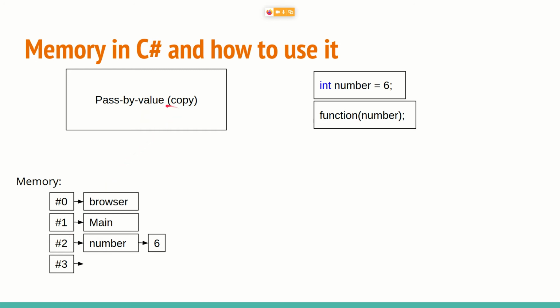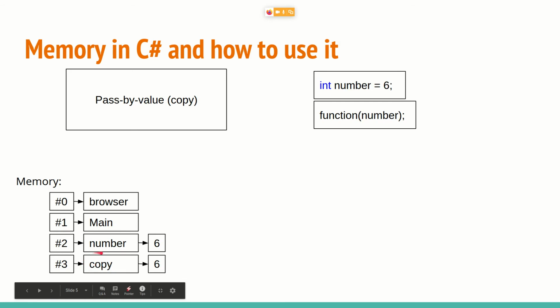It copies it. So it'll go to the next open place in memory. You see, number 3 was empty. When we make this function call, it goes, okay, number 3, you are going to hold a copy of number, and its value is 6.